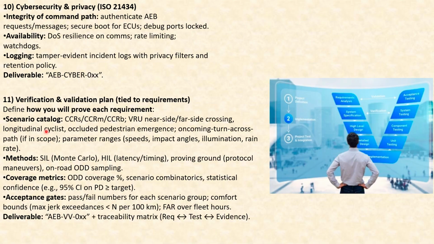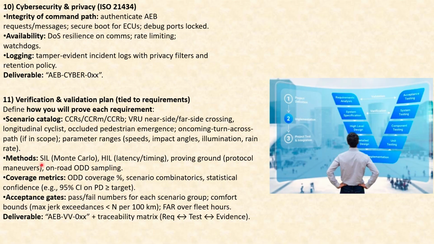Now, taking care of the verification and validation plan: define how you will prove each requirement. When it comes to the scenario catalog, there are CCRs, CCRm, CCRb, which I already explained in the previous slides, and VRU near-side and far-side crossing. All these scenarios must be hypothetically imagined and tested, and only after the testing is proved and approved can you say the verification and validation is correct.